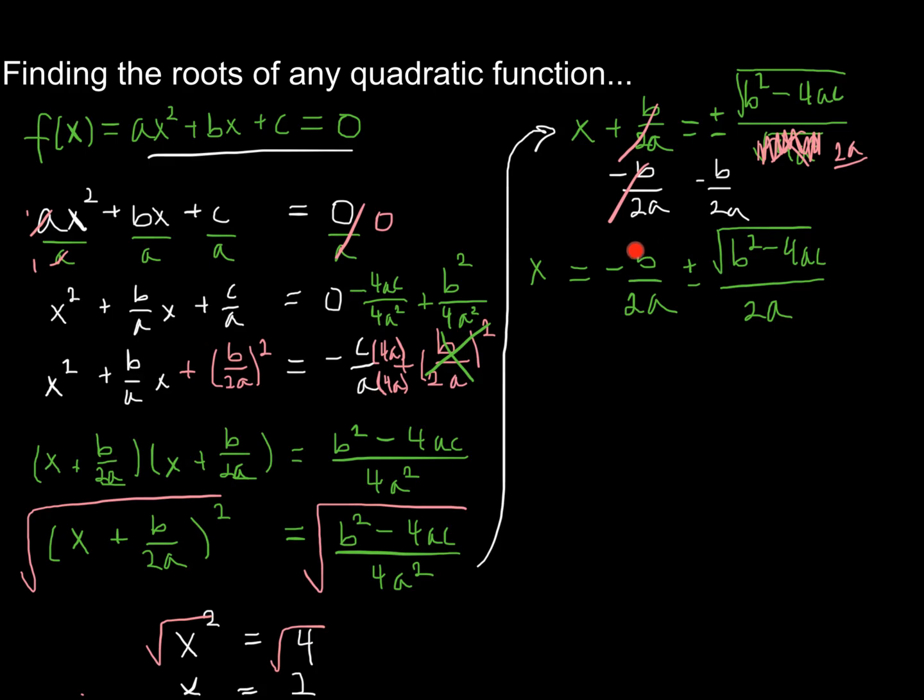And you'll notice that there are actually two roots, right? I could have negative b over 2a plus whatever this is, or I could have negative b over 2a minus whatever this is. And that should make sense from what you've learned about quadratic functions. And you'll also notice that this here, negative b over 2a, is actually the x value where the vertex occurs, where the minimum or maximum occurs.